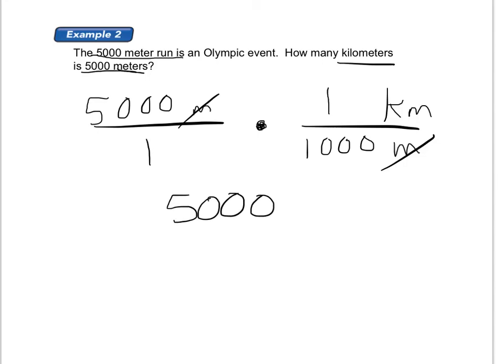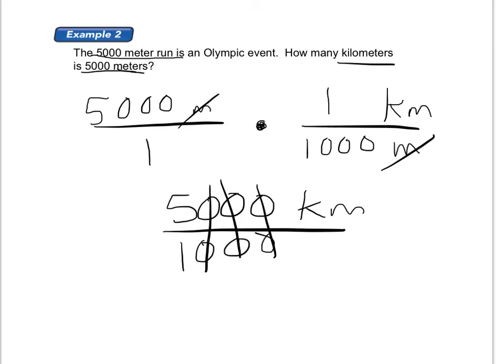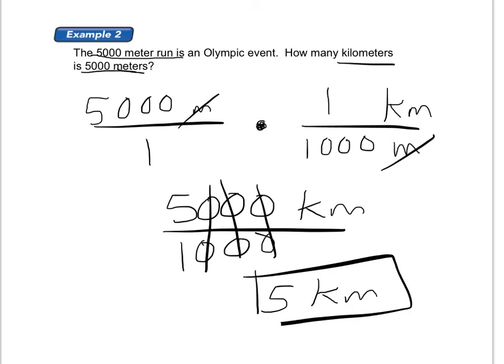And on top I've got a label of kilometers still. We put that over, then on the bottom I've got 1 times 1,000, and there's no label left, so 1 times 1,000 is 1,000. Now this is not simplified, so I cross out zeros, and 5,000 divided by 1,000 is just 5. So that's 5 kilometers.